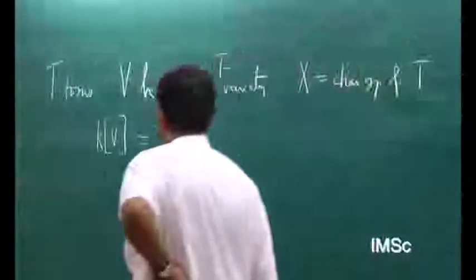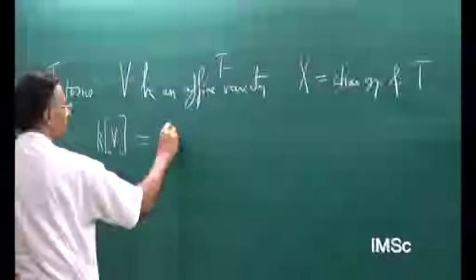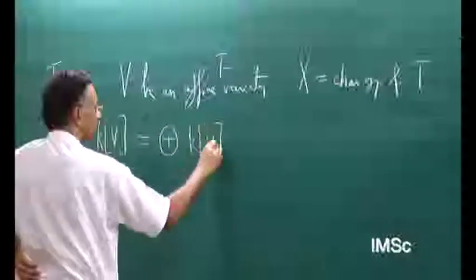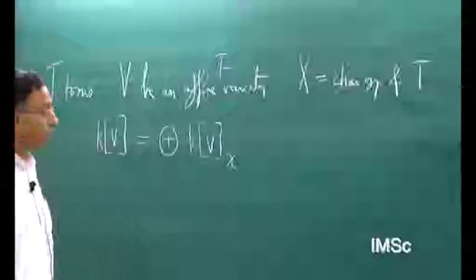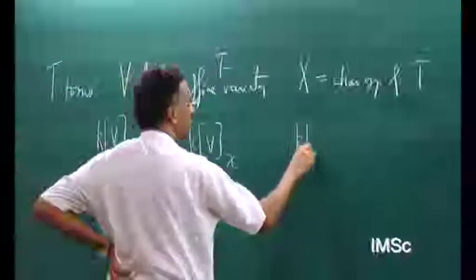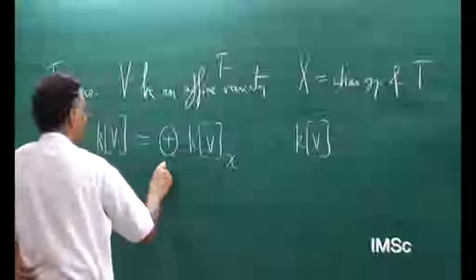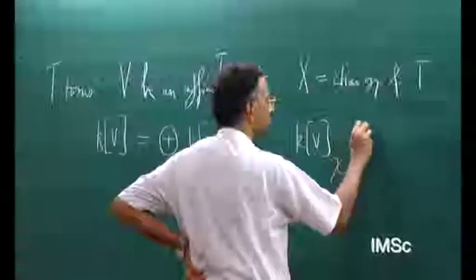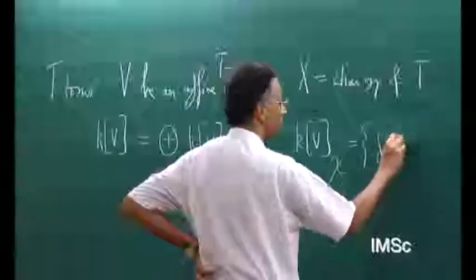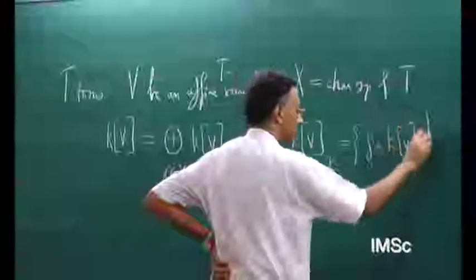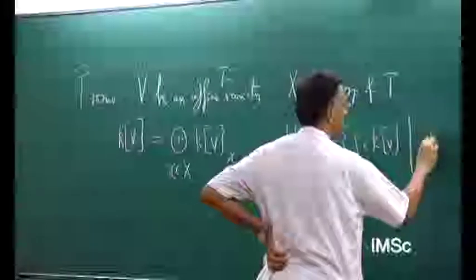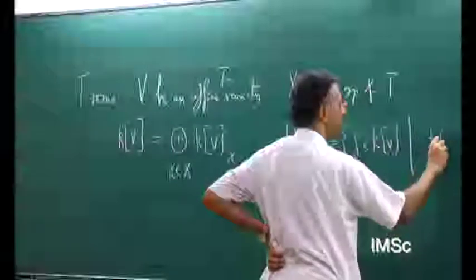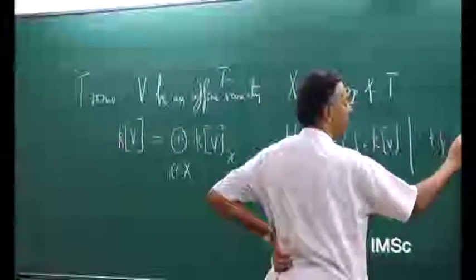Using that, you can write this as a direct sum over characters chi, where k[V]_chi consists of those f such that T acting on f is equal to chi(t) times f.